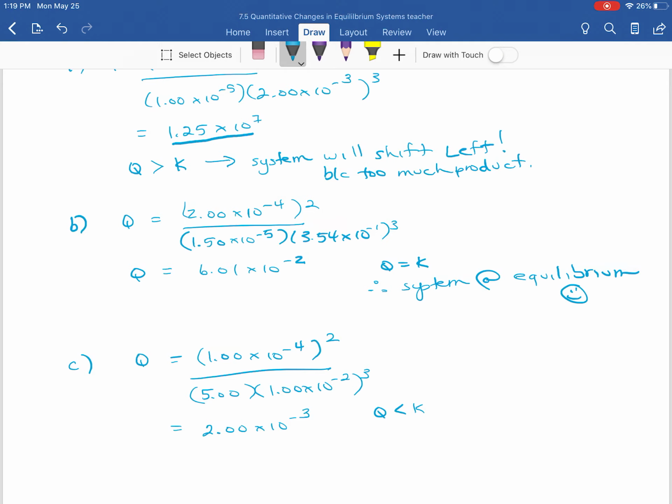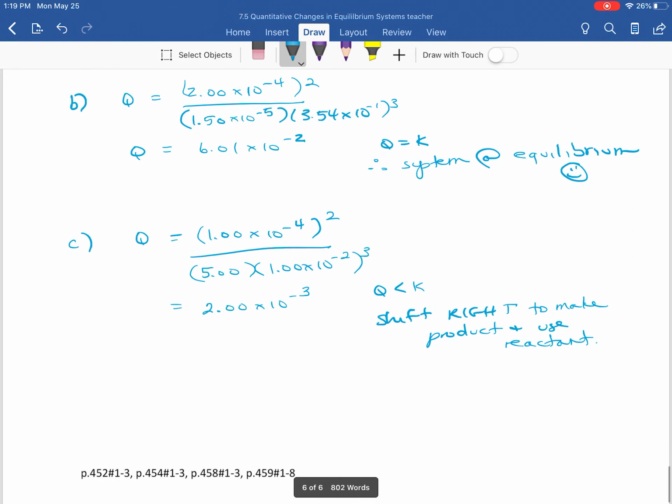That reaction is not moving forward, so it's going to shift right. Just all the way back to Le Chatelier: because you're not moving forward, we're going to make product. So that's the way it's going to shift.